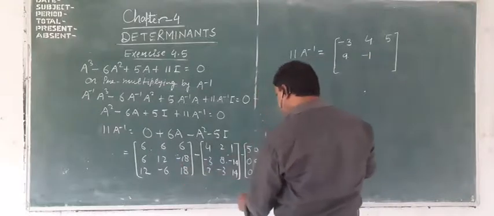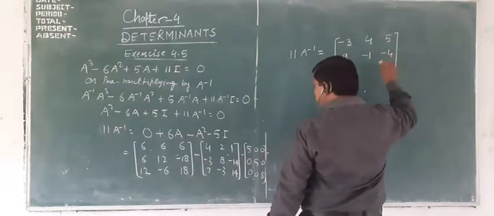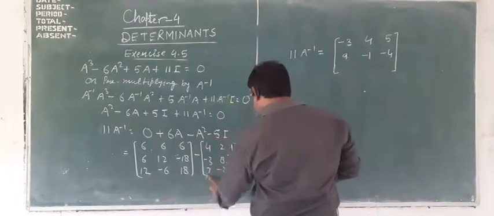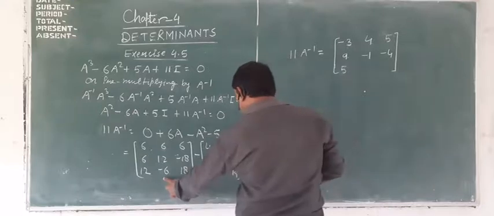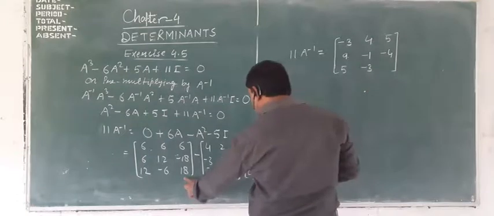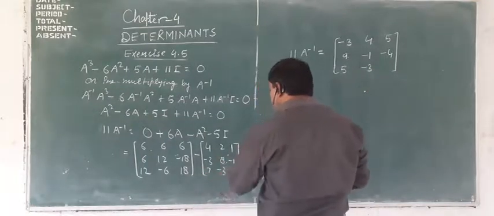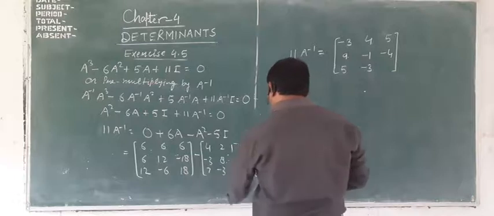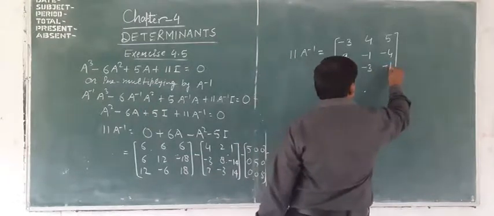Minus 18 plus 14, so this is minus 4. 12 minus 7, 5. 6 plus 3, minus 3. 18 minus 14 minus 5. So 18 minus 19 is minus 1.